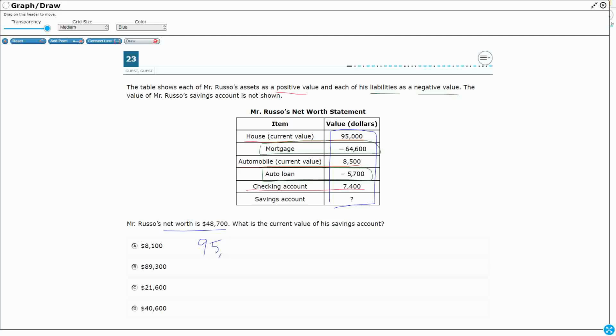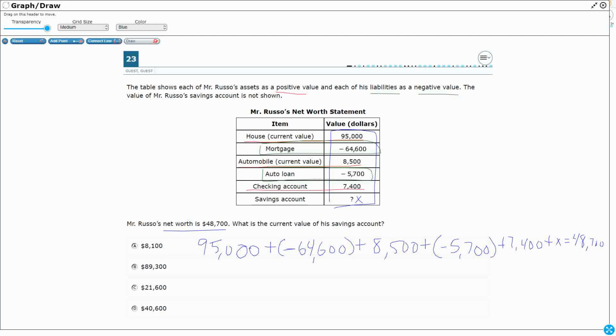So, 95,000 plus, and I'll just make that a negative 64,600 plus 8,500 plus, and we'll make that a negative 5,700 plus 7,400 plus, and then let's just make that X for my savings account unknown. All of that equals 48,700. That's what that means.